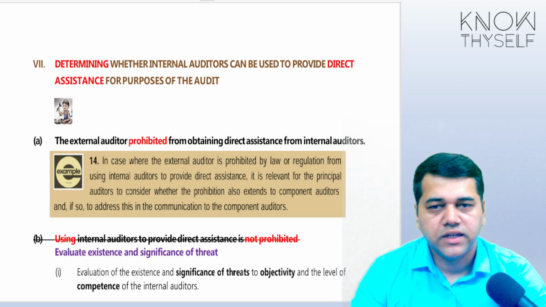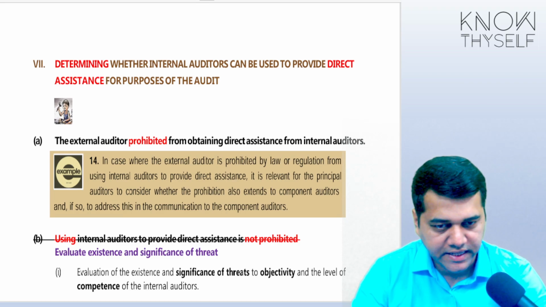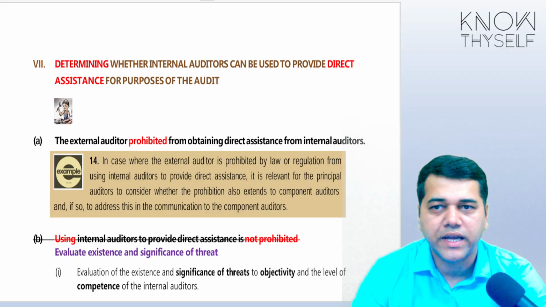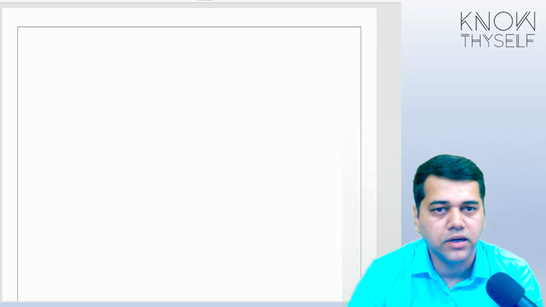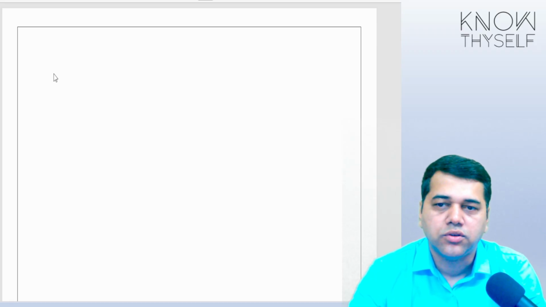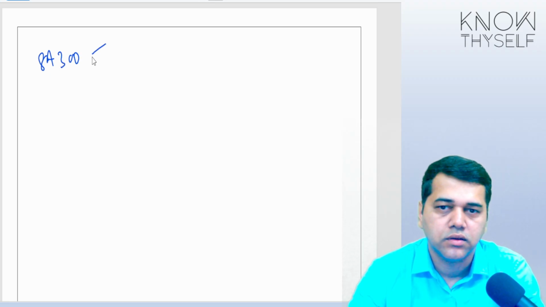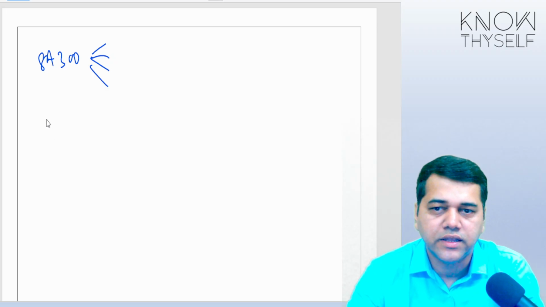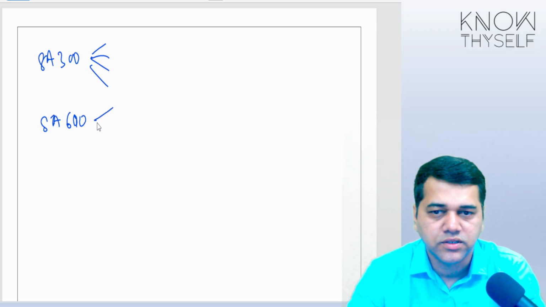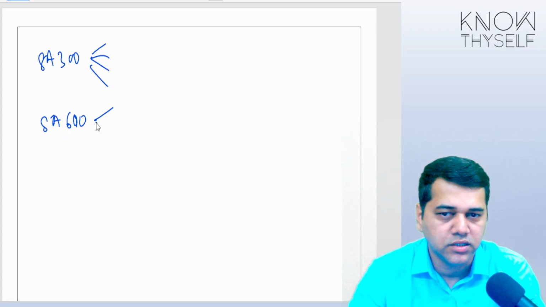Yes, so we'll start with the next part of SA 610. Okay, before that, we will have a quick recap of what we have learned in the previous session. We had done SA 300. We are done with SA 600, where you have audit procedures. Okay, so we have acceptance as a principal auditor.